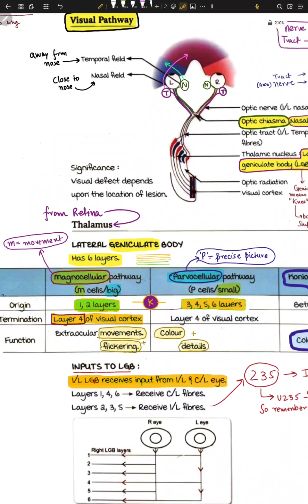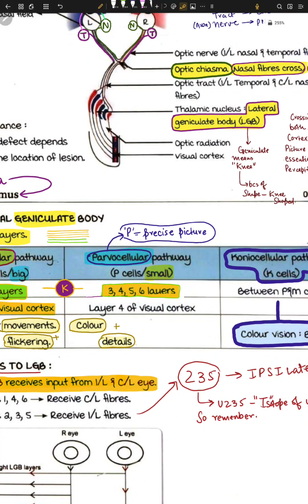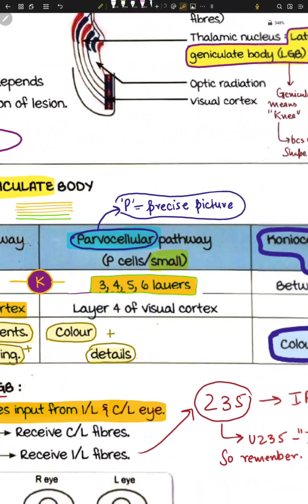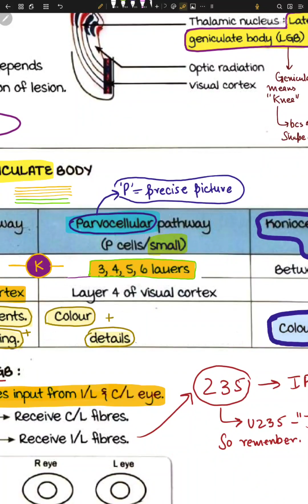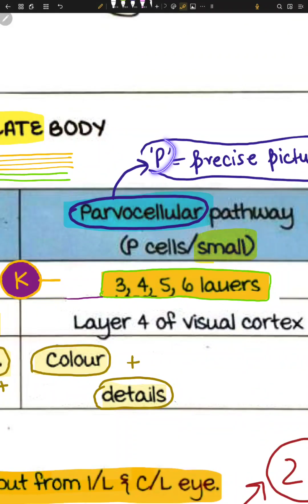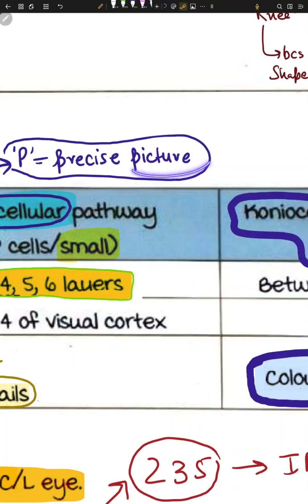What about the other group, the other 4 layers? Well, the other 4 layers are called the parvocellular pathway. Parvo means small, so they are small in size. We call them P cells. I usually remember parvo with P, and P stands for precise picture.